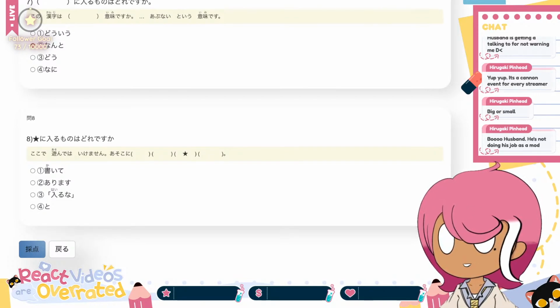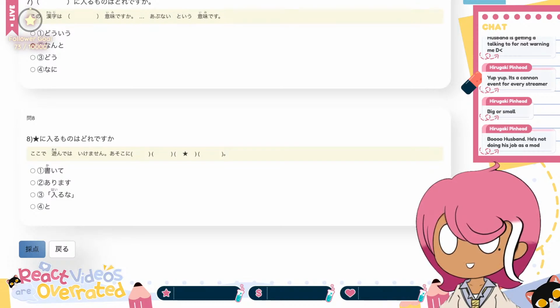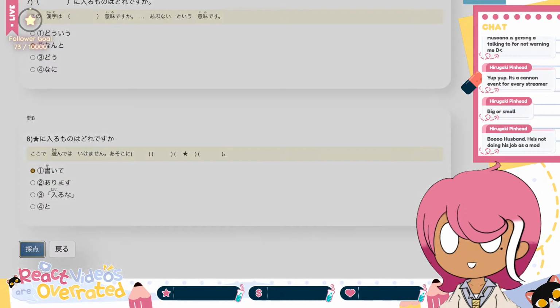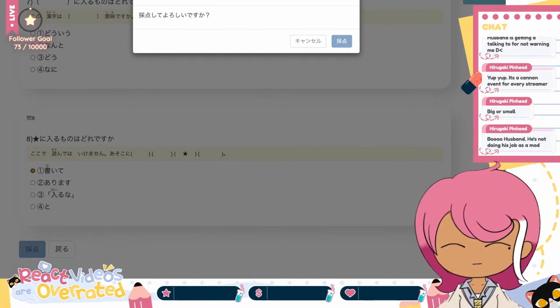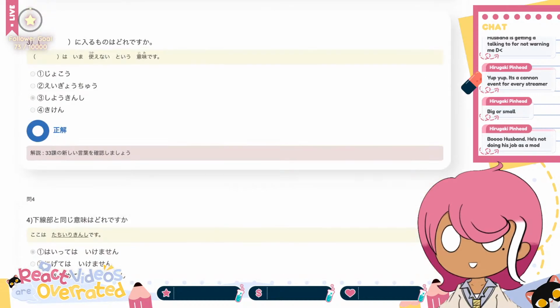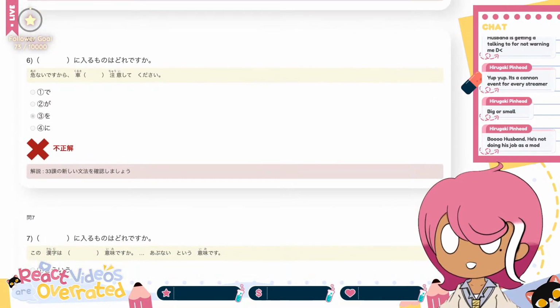And then fill in the blanks. ここで遊んではいけません. あそこに入るなと書いてあります. 入るなと書いて would be the third one. Too wrong. Alright. Yeah, it wasn't all. So it's definitely de. It can't be ni, I don't think.